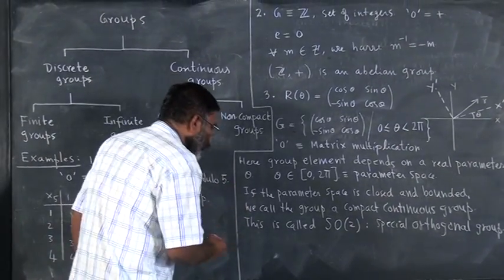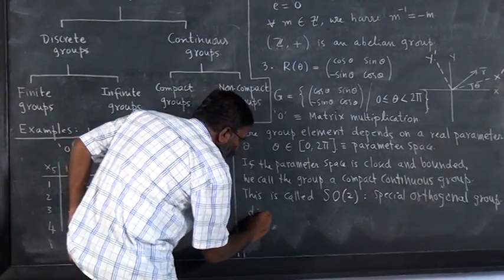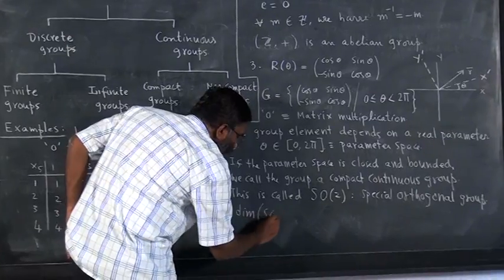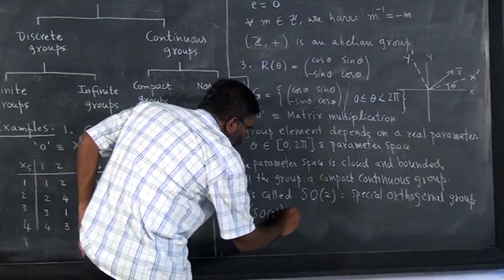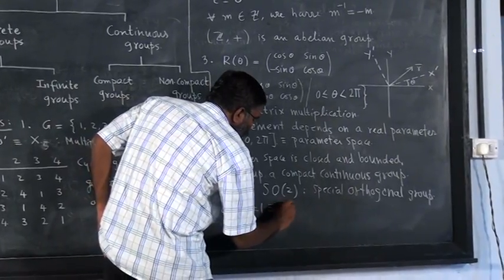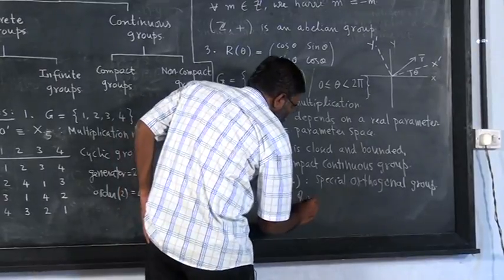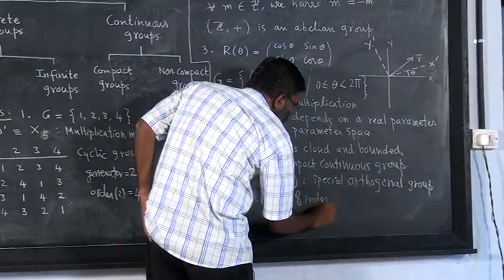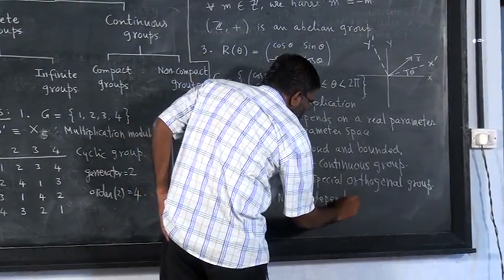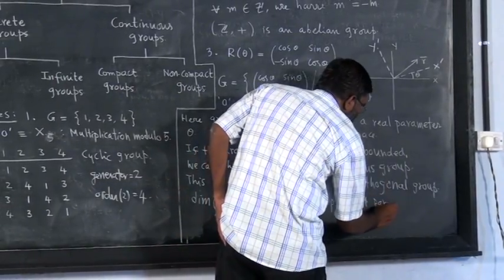So it is good you mentioned, so let me write it. Dimension of SO2 is equal to 1, which is defined as the number of independent parameters.